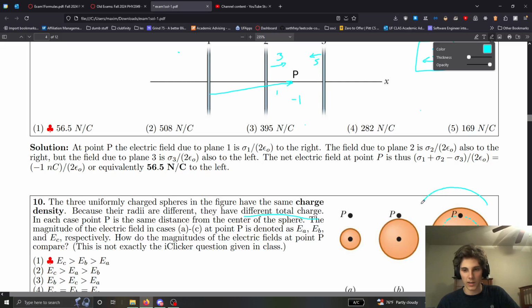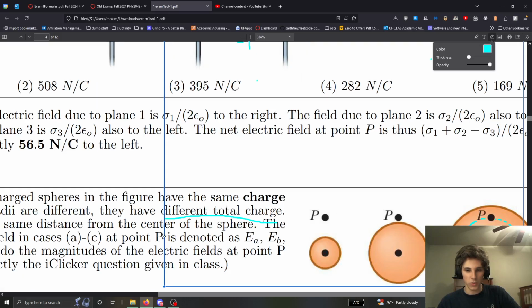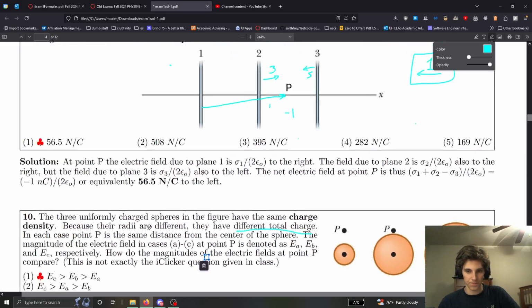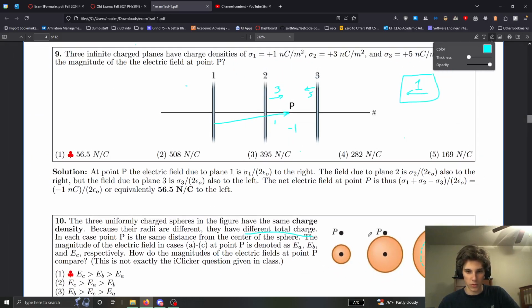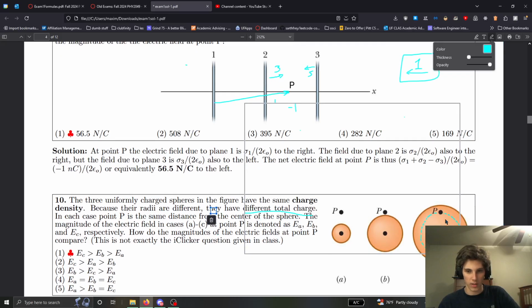So a circle way bigger than this will be the same as C. C is going to be greater than B because you have this extra enclosed charge here, right? But ultimately, there is a stopping point. So there's more volume in C, so it's the greatest charge, greatest electric field, then B and A.